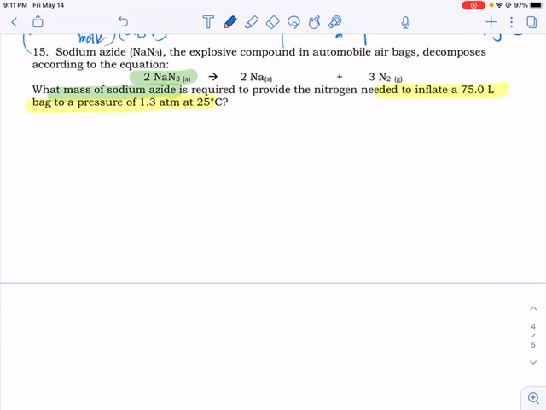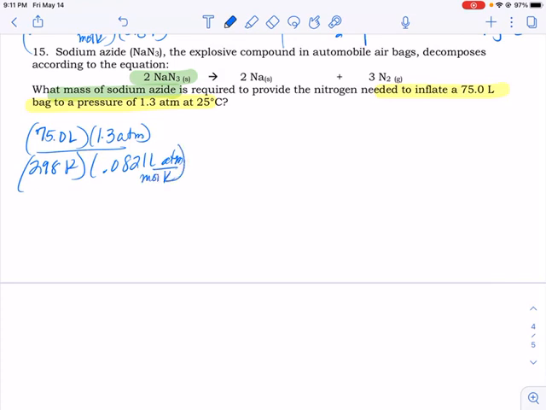So our information that we know is 75 liters times 1.3 ATM, divided by 25 plus 273, which would be 298 Kelvin, and the ideal gas constant 0.0821 liter atmospheres over mole Kelvin. When we do that math, we get 3.985 moles of nitrogen.